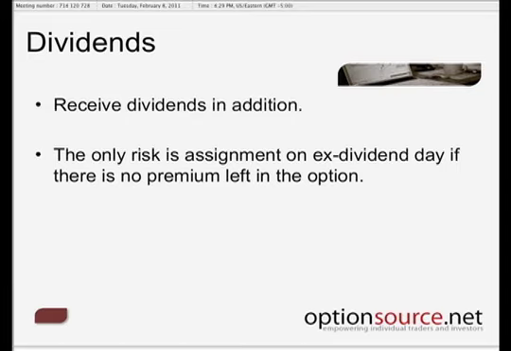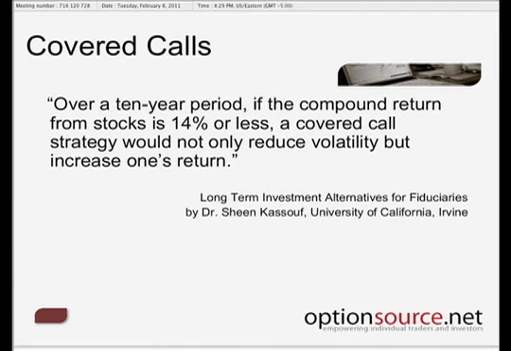Now, the next thing I wanted to cover here, I would just always like to make that statement in the book Long-Term Investment Alternatives for Fiduciaries by Dr. Sheen Kassoff. They basically make a statement that over a 10-year period, if the compounded return of stocks is 14% or less over the long term, a covered call strategy would not only reduce your volatility, but increase one's return.